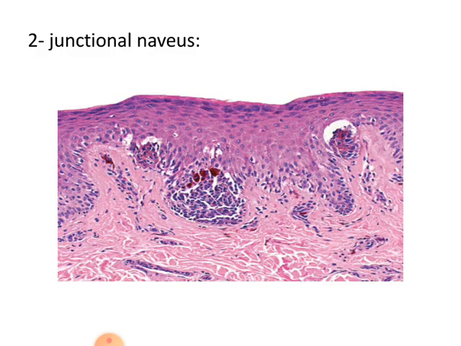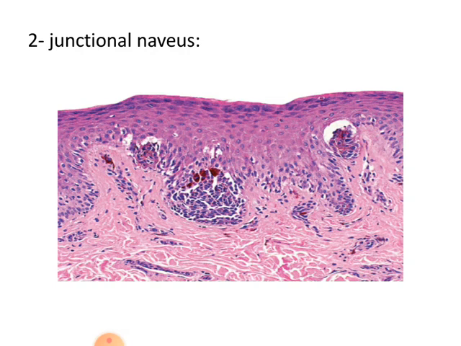Junctional nevus is another type of benign melanoma, different from the simple nevus. As we see in this picture, the melanocytes are condensed at the basal layer of the epidermis. This brown discoloration is the condensation of melanocytes at the basal layer of the epidermis, and it may extend to the papillary layer of the dermis, like in this picture.